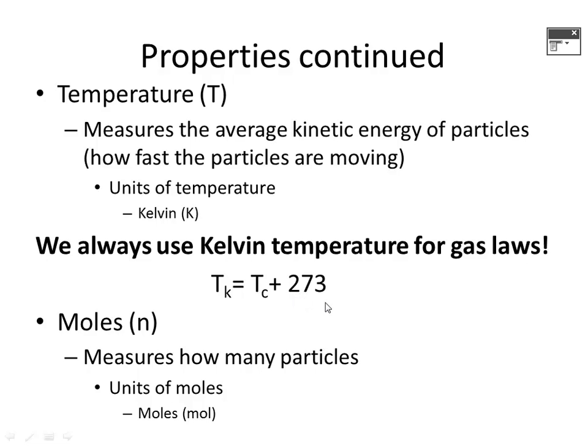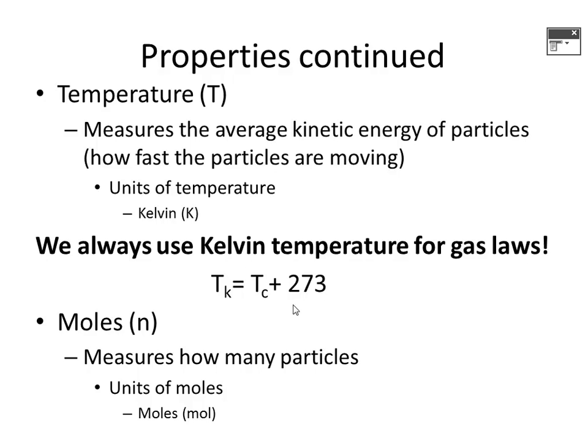So what would 0 degrees Celsius be in Kelvin? How would you calculate that? What would 0 plus 273 be? So 0 Celsius is equal to 273 Kelvin.